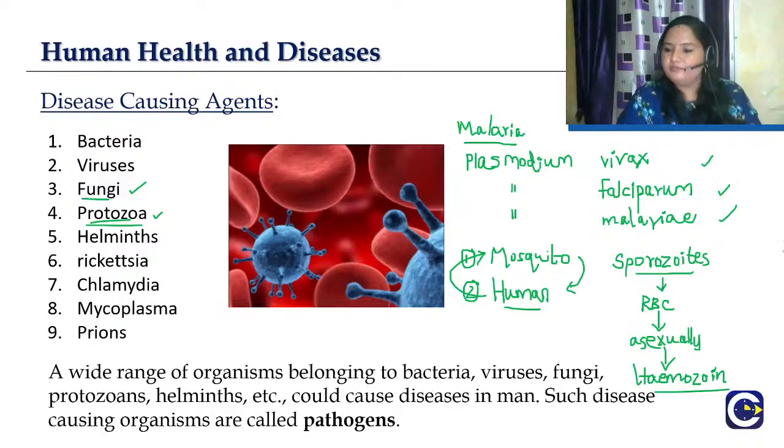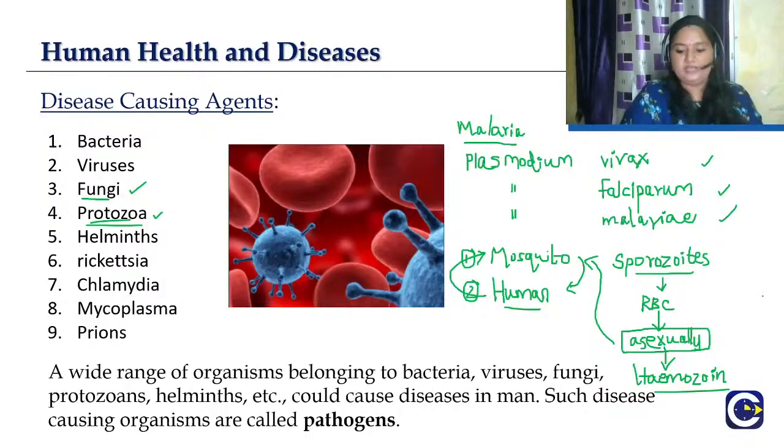For the asexual reproduction and production of hemozoin, it takes 48 to 72 hours. And when this asexually reproduced gametophytes of Plasmodium vivax enter into mosquito, they start reproducing sexually and they produce sporozoites.